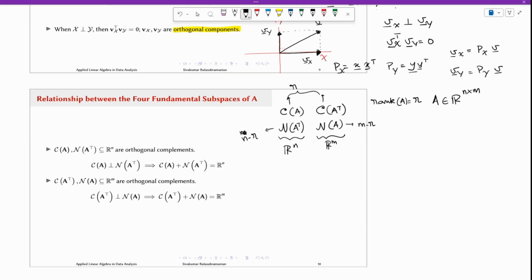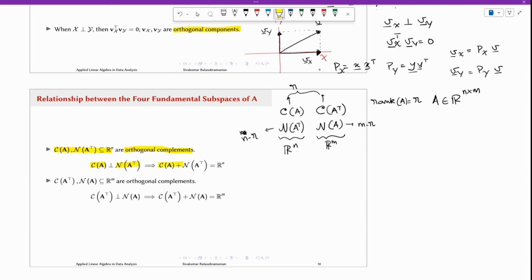Now that we've talked about orthogonal subspaces and all that, it turns out there is one more interesting relationship between them. It turns out that the column space and the left null space, which are subspaces of Rn, are orthogonal complements. It means the column space of A is perpendicular to the left null space.